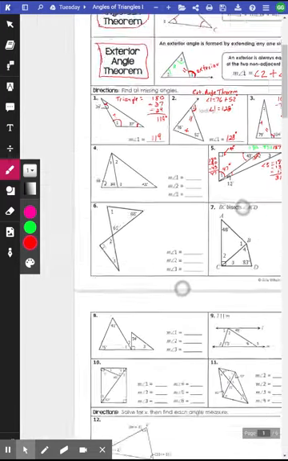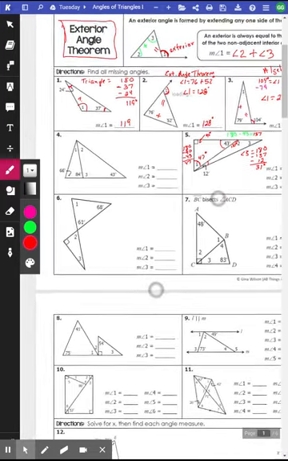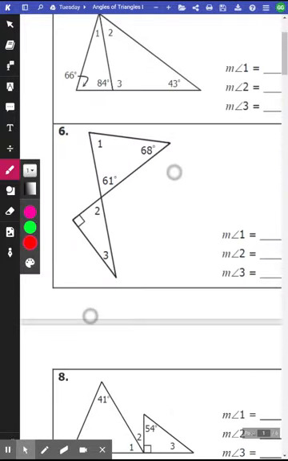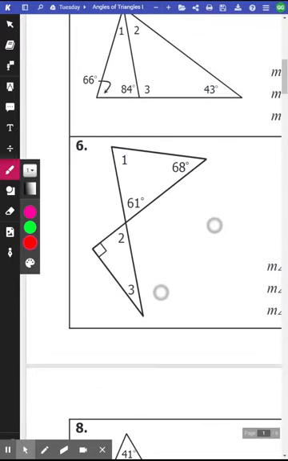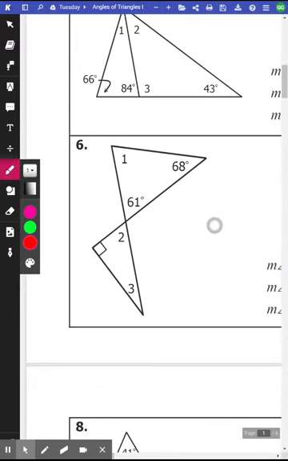Let's try number 6. A lot of this is going to be practice, okay, before we get into the algebra part of this. Yay. All right, so let's start labeling. First of all, these two are vertical. That means that this one is also 61 degrees.